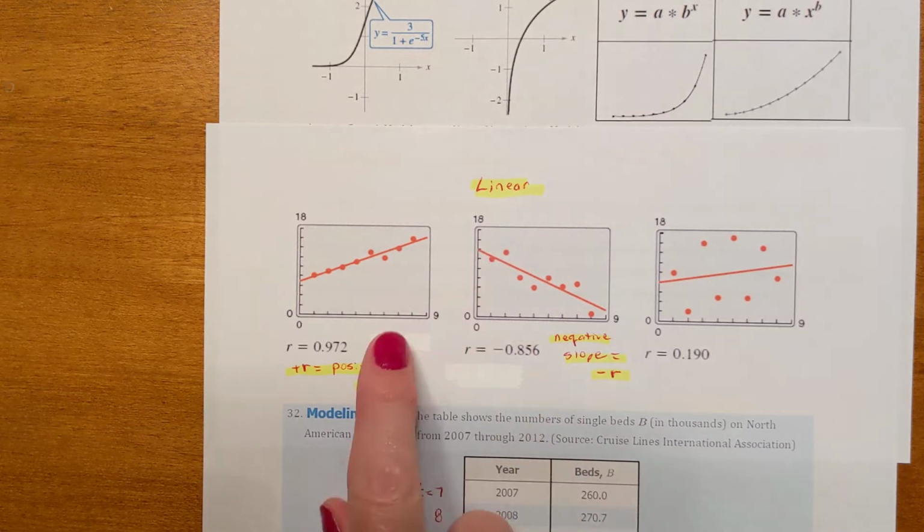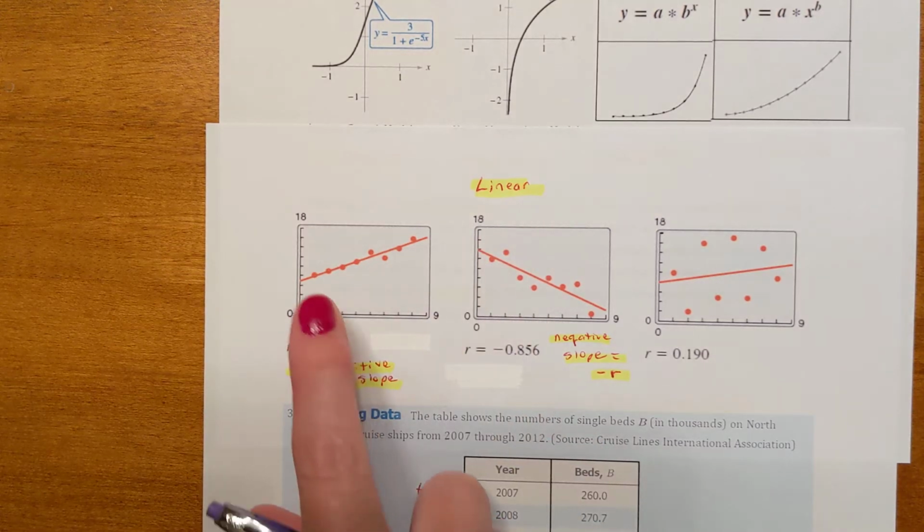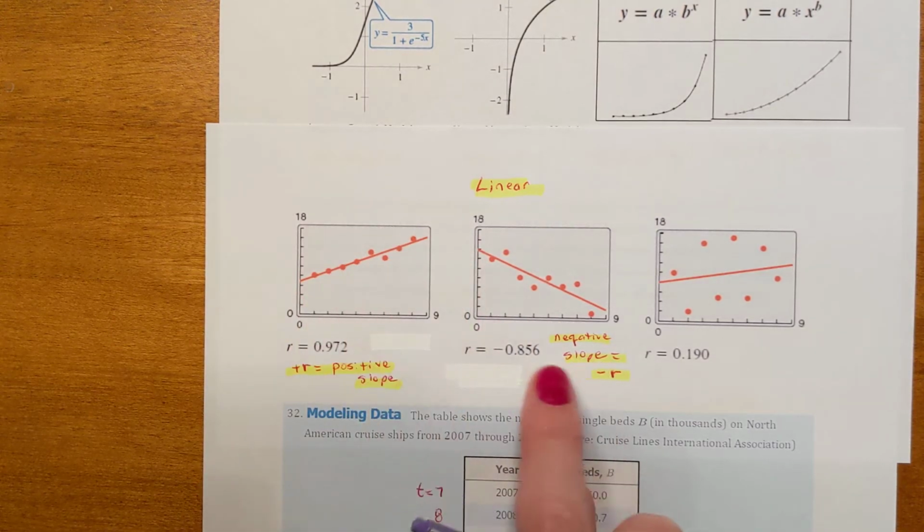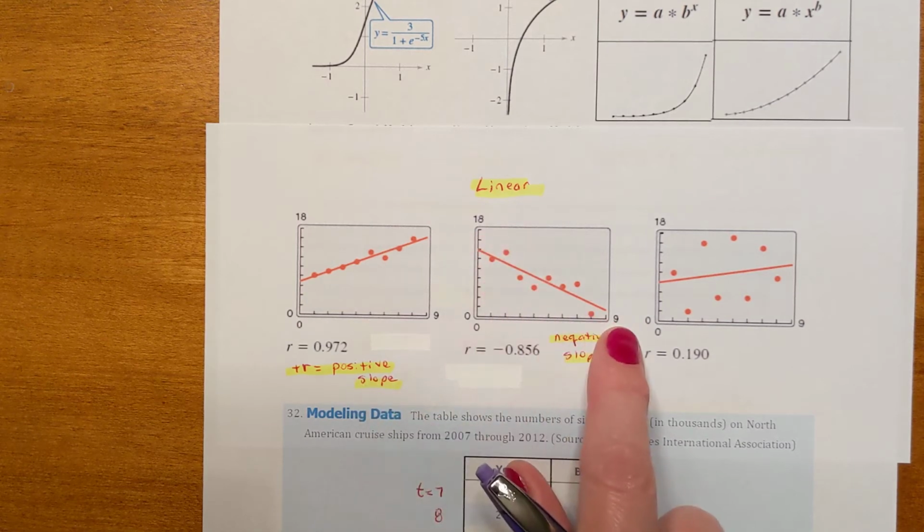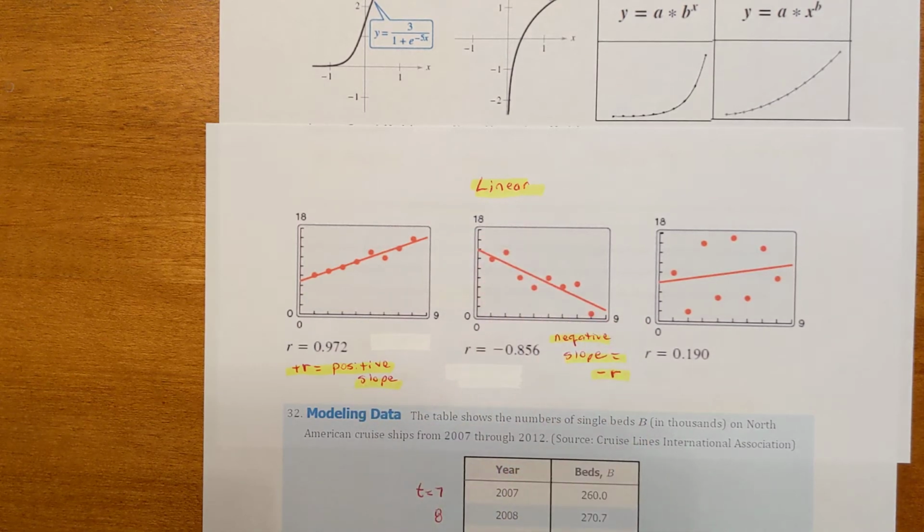When the R value was positive, the slope went up. When the R value was negative, it went down. And the closer the absolute value of the R value was to 1, the closer it was to being a perfect line, with all the points exactly on the line.